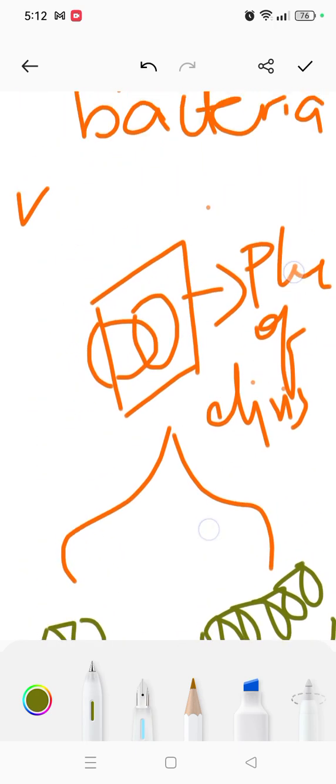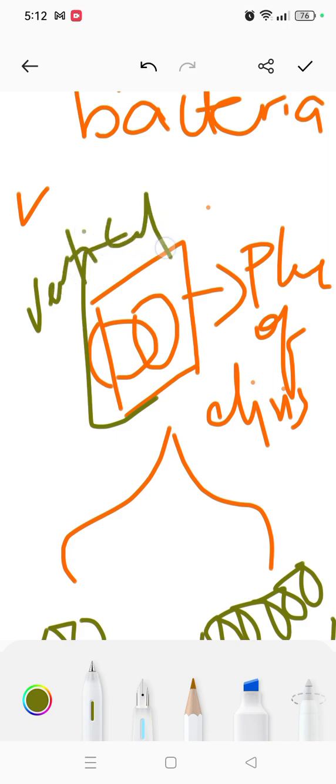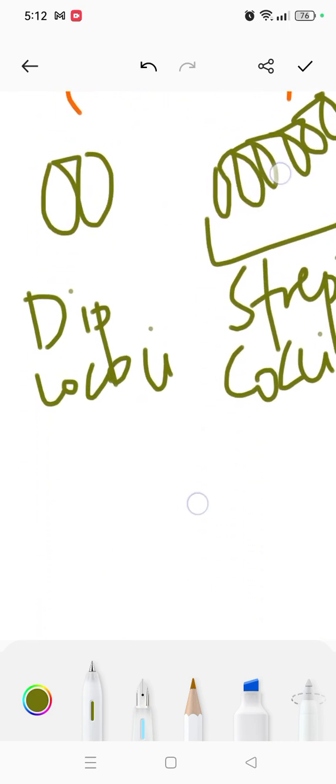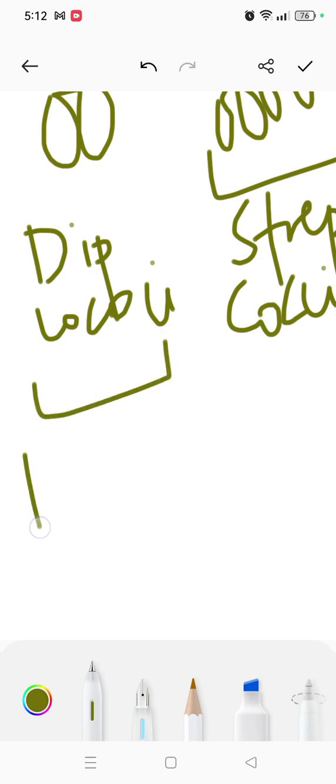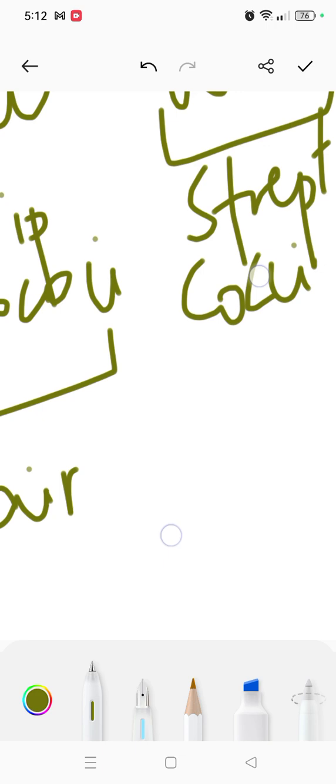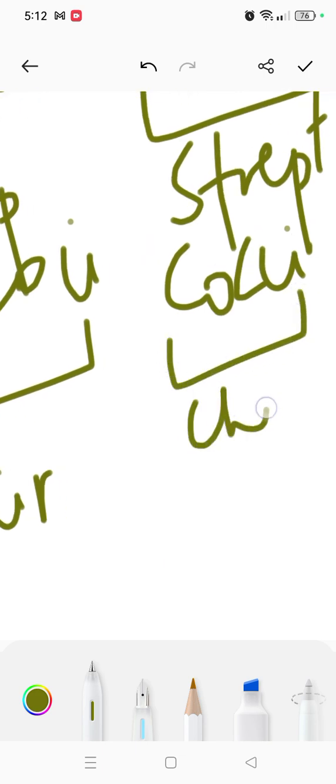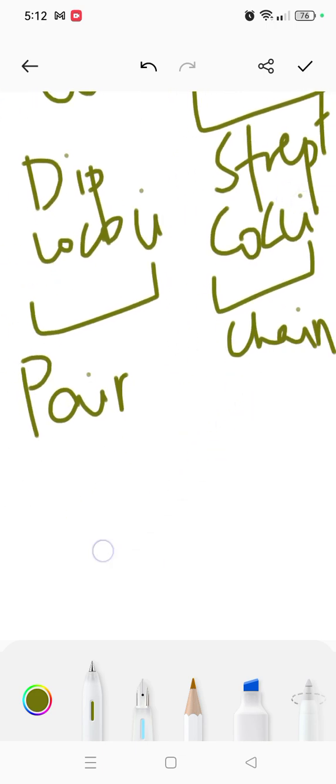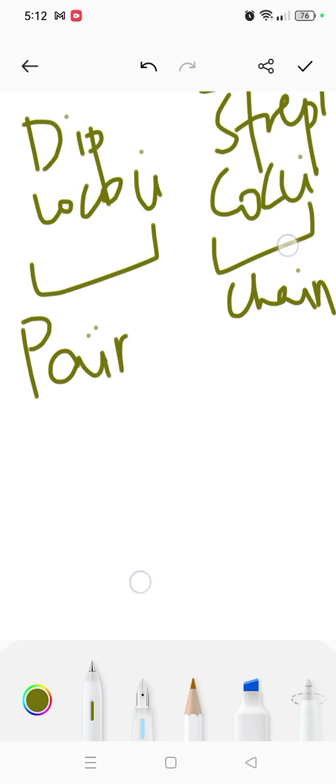This plane is a vertical plane. Diplococci appear only in pairs, and streptococci appear in a chain, so many cells combined form this structure. I'm sure this is clear.